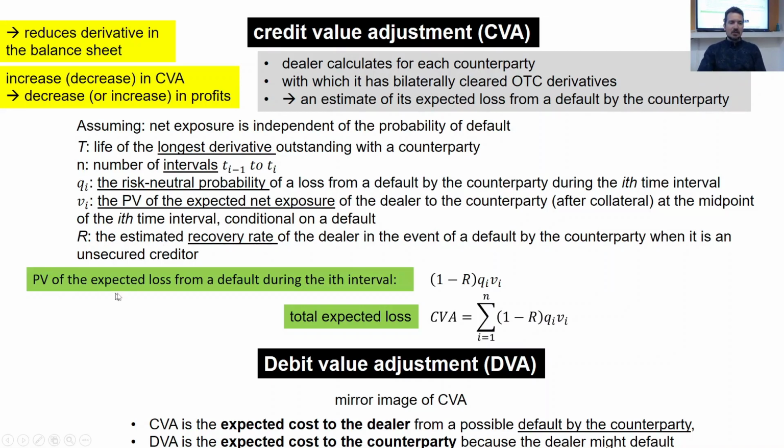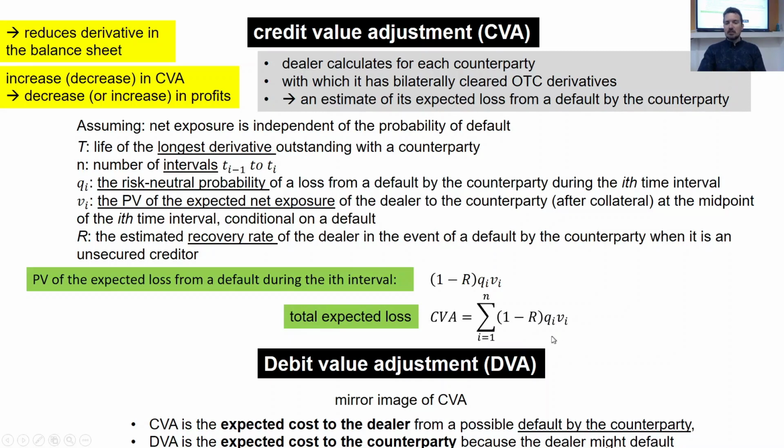Okay, so the present value of expected loss from default during the ith interval will look like this one. So okay, we have the probability, we have the value, and we have the recovery rate. Adding them together will provide us the total expected loss.